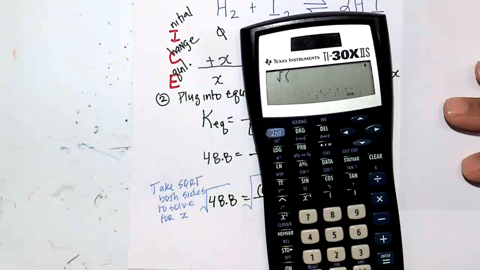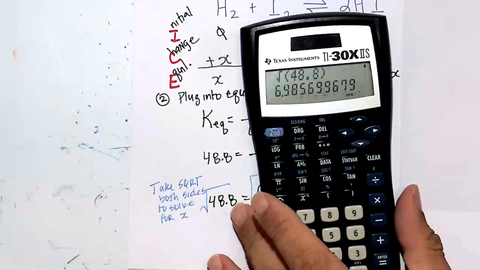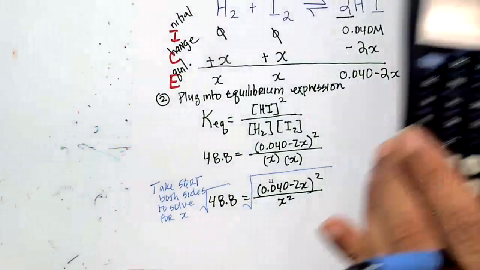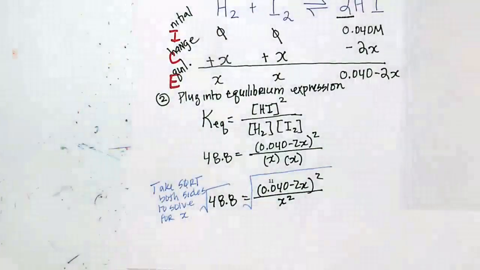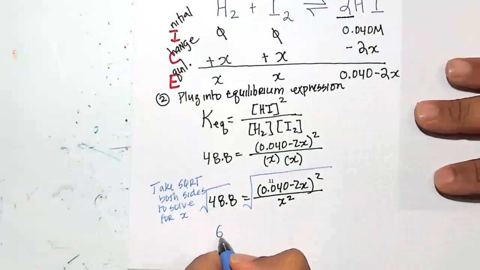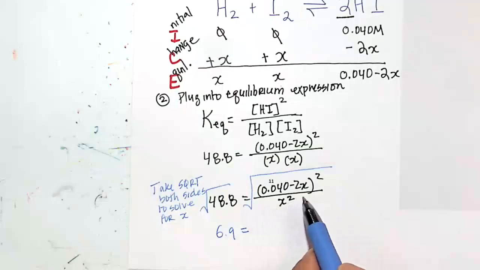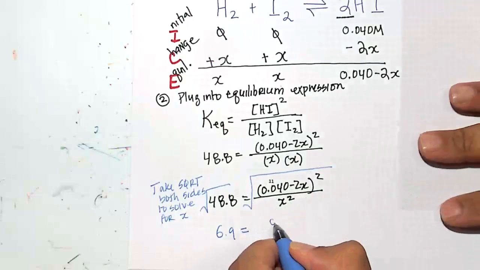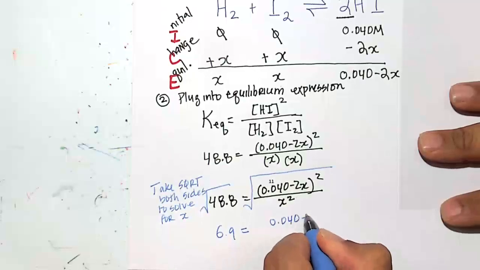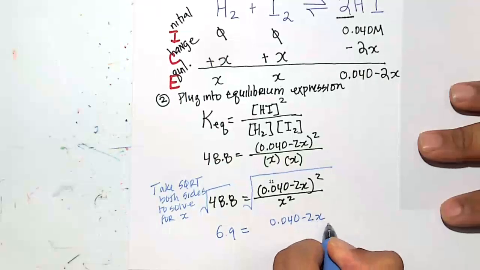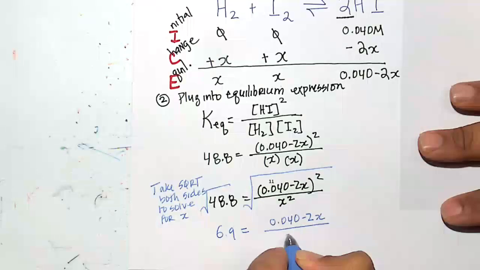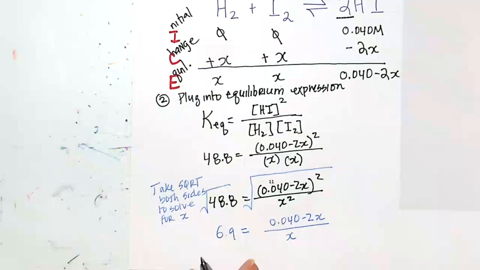Yes, here we go. 6.9, you're right. The square root of (0.040 minus 2x) whole squared is just 0.040 minus 2x, and the square root of x squared is just x.